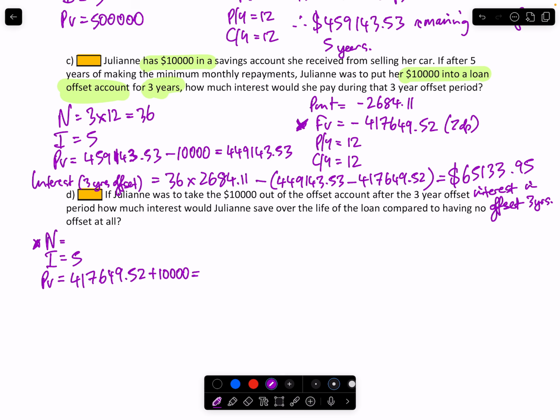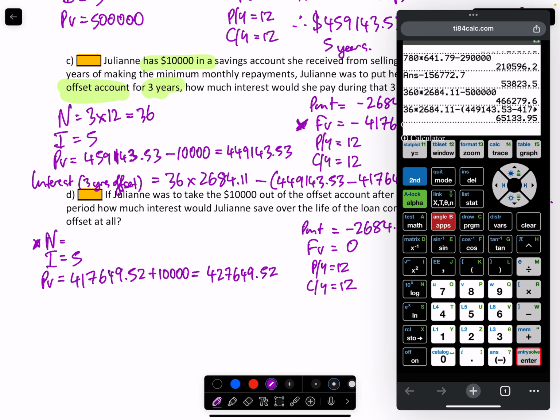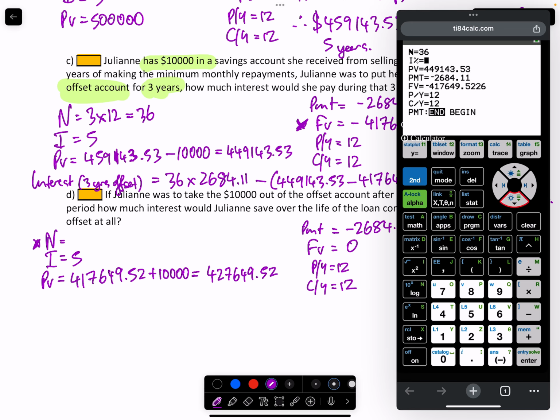So it's going to be 427,649.52. PMT remains at the negative 2684.11. I don't want to owe the bank anything at the end. PY is 12. CY is also 12. Ambulance going off. Apps, Finance, TVM, 427,649.52. Owe the bank nothing. How long is that going to take? 262.20 to 2 decimal points.